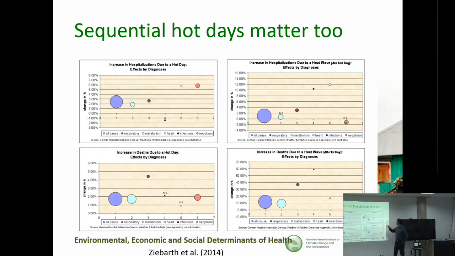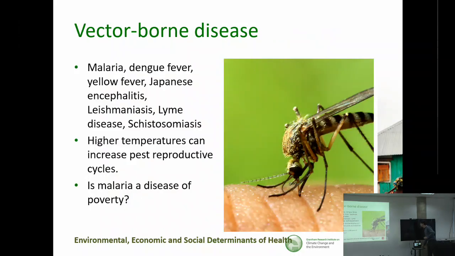Once you get to the fourth day of a heat wave, then in fact the infections dot zooms way up, which means that in many cases it takes a few days for some of these problems to emerge. And so if we want to understand the effect of heat waves on health, we need to look at the way that those responses evolve over time as well.